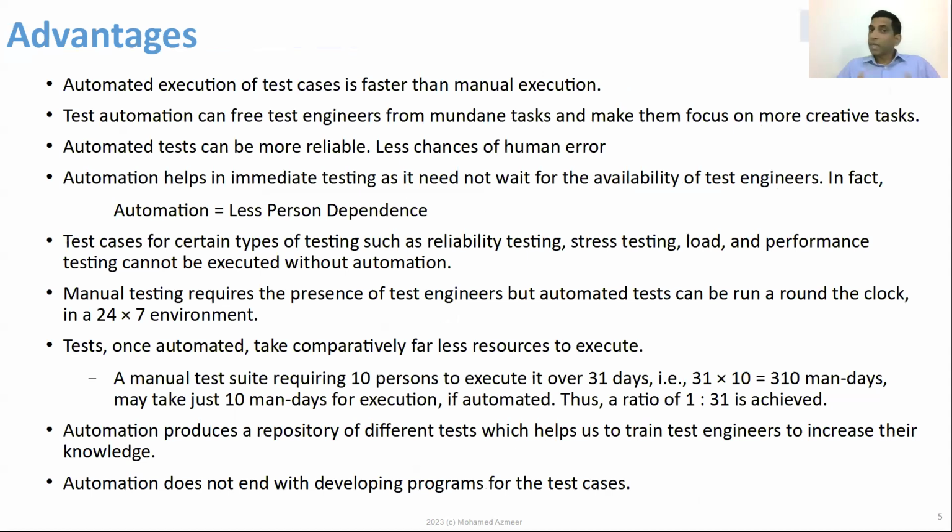Now let's look at the advantages of automated testing. We already looked at manual testing and writing cases and all that. So what are the advantages? Number one is speed. It's way faster than manual execution. If you are doing manual execution, you may have to run code or instructions every now and then for multiple modules, or multiple systems, or multiple people may be running manual execution.